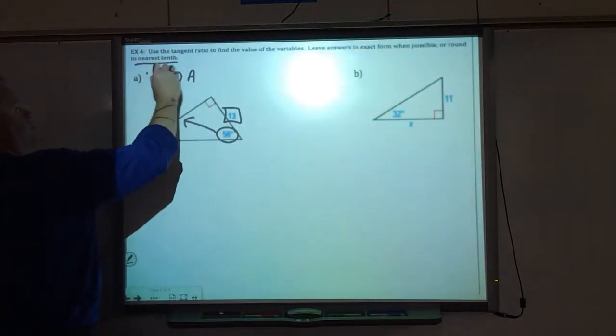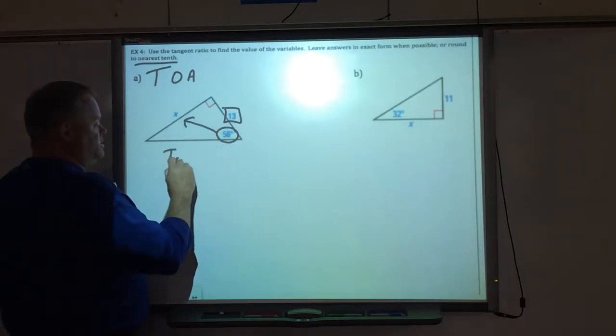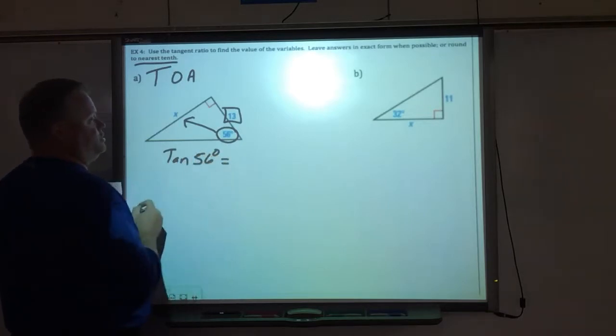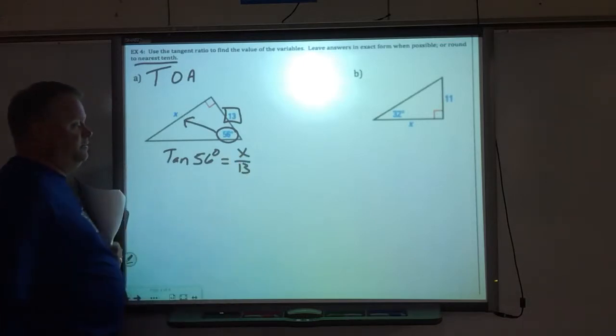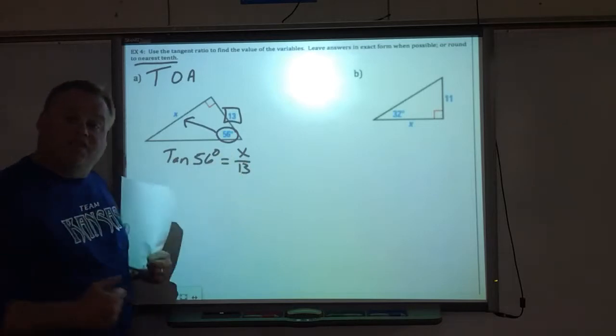That's right, TOA. So I am going to do tangent of 56 degrees is equal to opposite x over 13. That is my ratio. That is TOA right there.